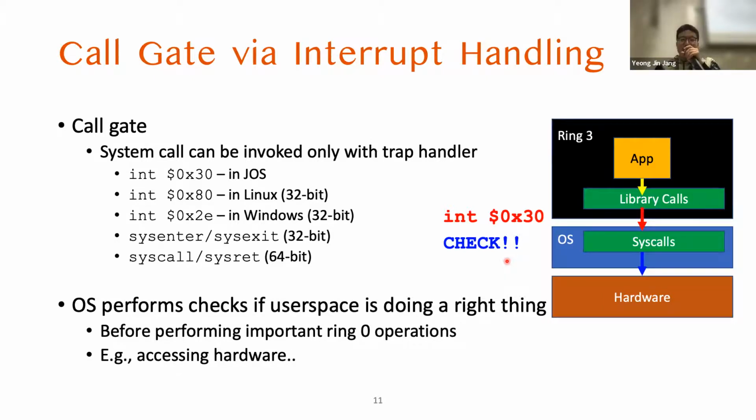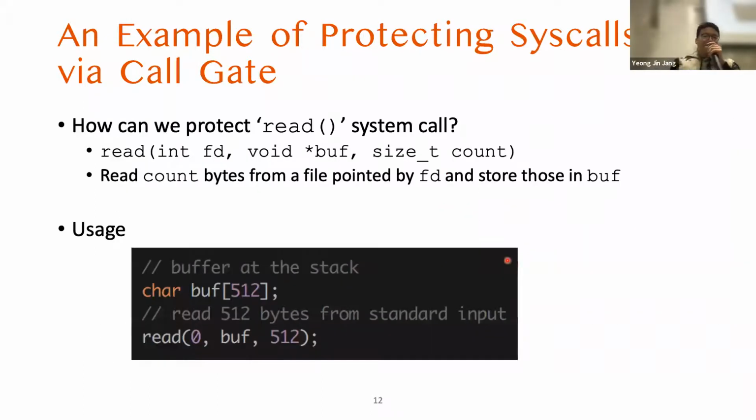And next, let's take a look at some real examples of how the operating system is protected by the call gate. So let's take the example of the read system call. This is the description of the read system call in Linux. I will give an example with the real operating system.